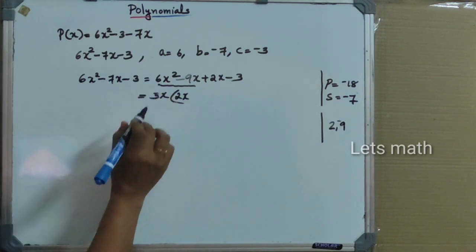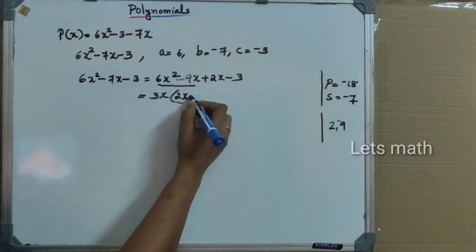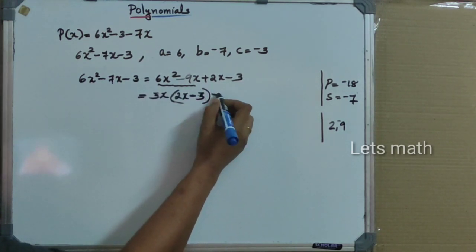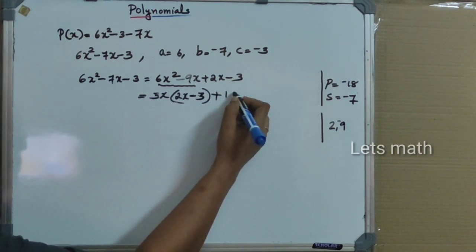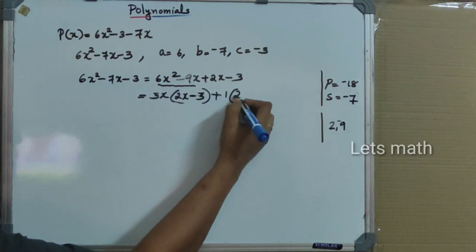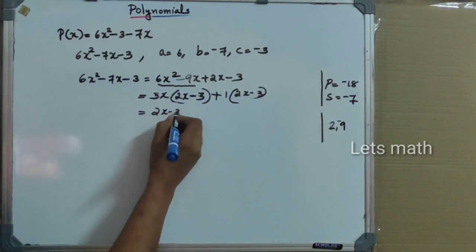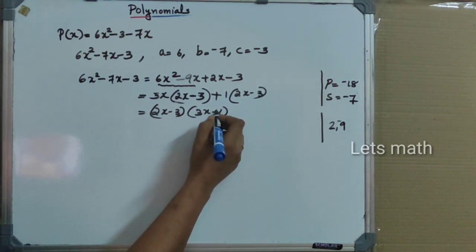Now 3 into 2x and x into x is x square. Again from 9, 3 is taken out. So minus 3 is there, plus here nothing is taken out, that means 1 is common. 1 into 2x minus 3. That is 2x minus 3 into 3x plus 1.